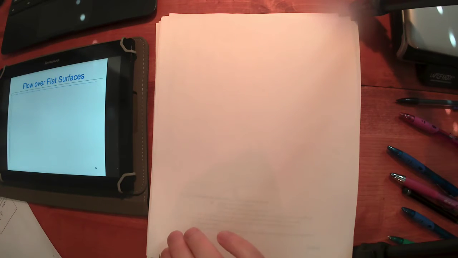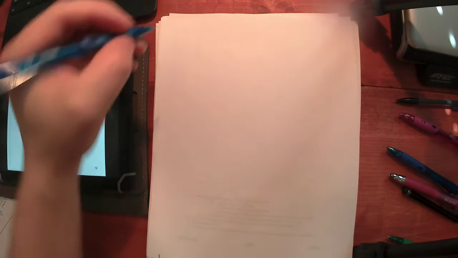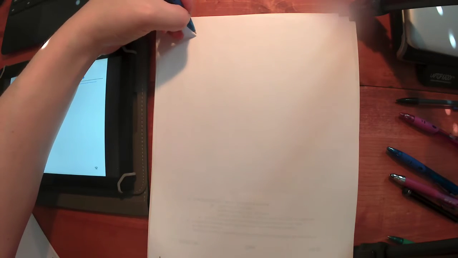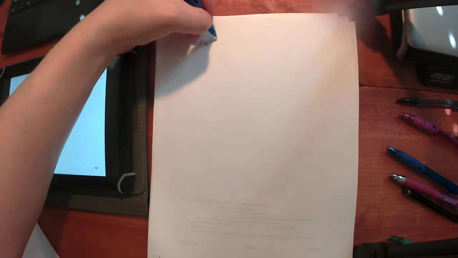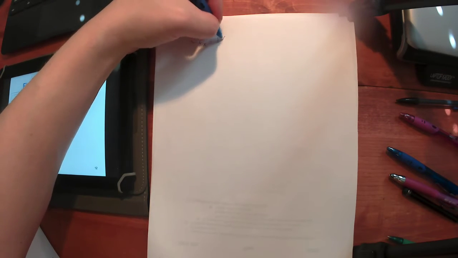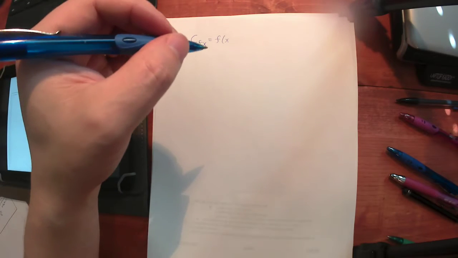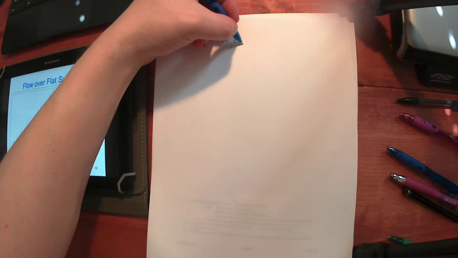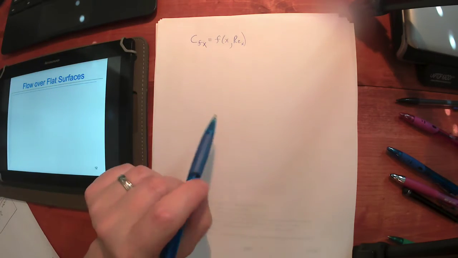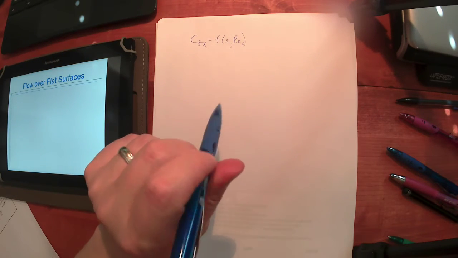So those expressions, I've got those just barely off screen here. I believe I've got those copied correctly. The coefficient of friction in the x is a function of the x value, and it's also a function of the Reynolds number, which in the x is actually a function of x, so it's really just a function of the x value.